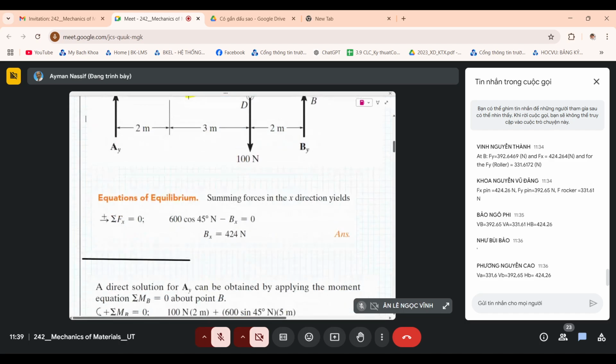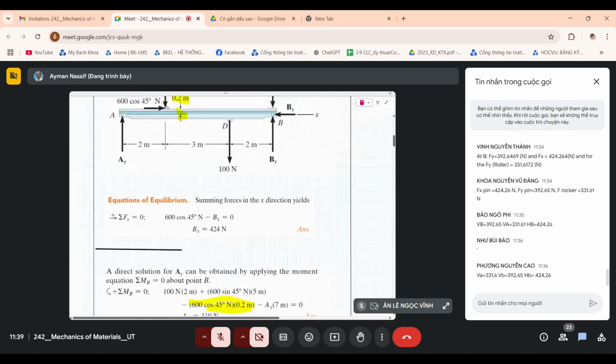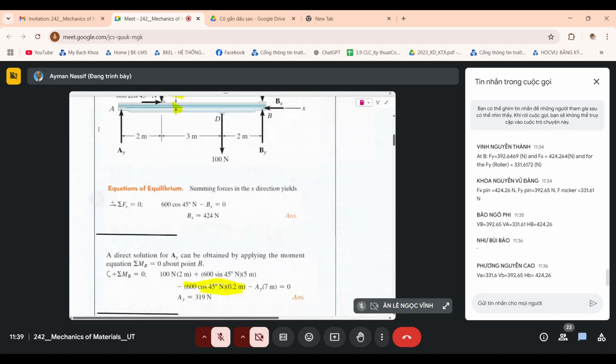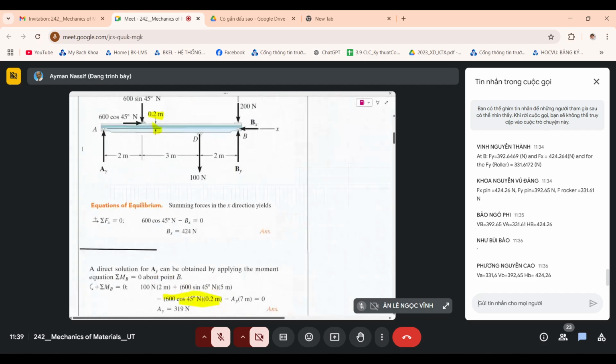And now let's have a look at the vertical equilibrium. The vertical equilibrium can be obtained from the vertical reactions. The reaction at AY can be obtained in different ways.